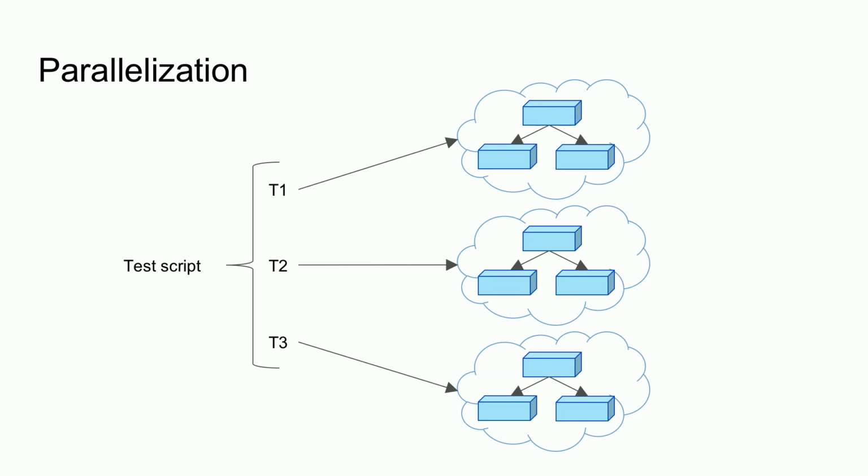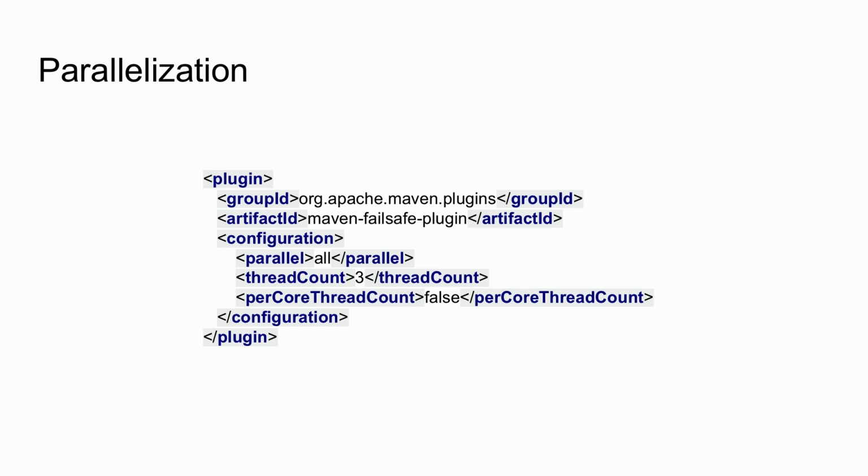Although this library does not do parallelization on its own, you have a possibility to do that by running, for example, the failsafe plugin. Here is an example of configuration to run 3 threads in parallel.